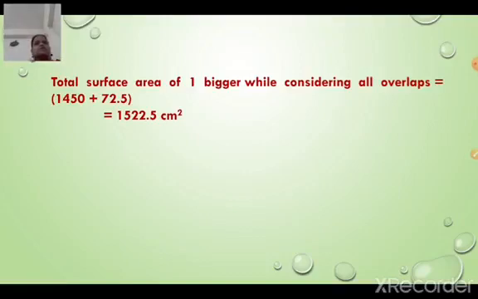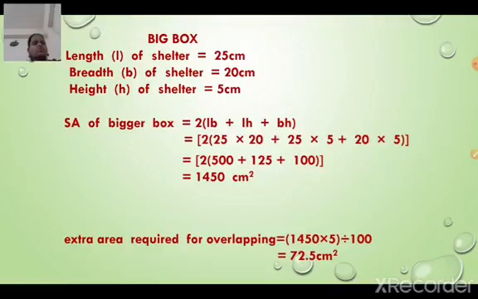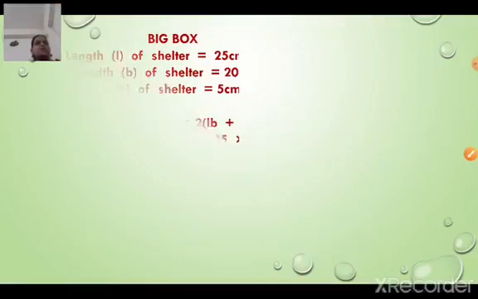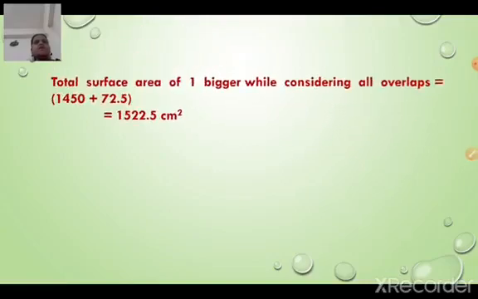From where we got these both the values? Do you remember? Yes, just cross check once again. Go one step back. So you can see over here the surface area is 1450 and here 72.5 centimeter square. Just add these both the values to get the total surface area, and that we got as 1522.5 centimeter square.